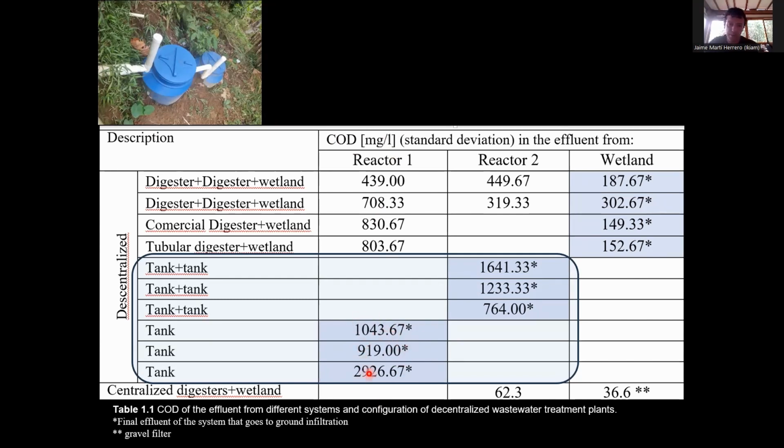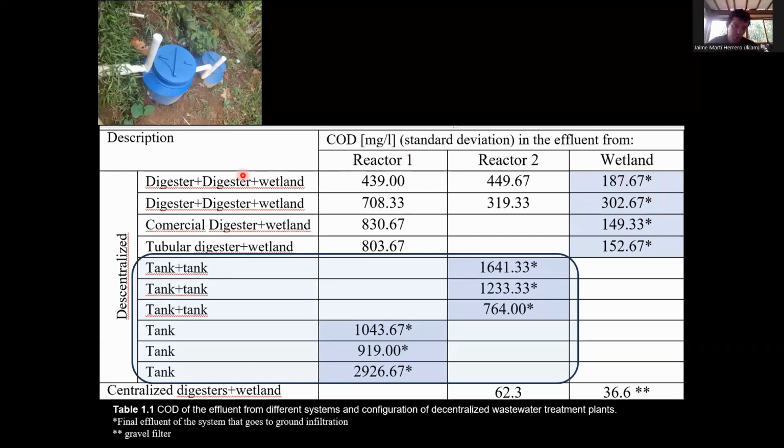But here we are talking about very high numbers. Also, when you have 2 tanks, you have very high numbers. And when we have different designs of digesters, and at the end, wetlands, is when we achieve a number lower than these 250 milligrams per liter of chemical oxygen demand.